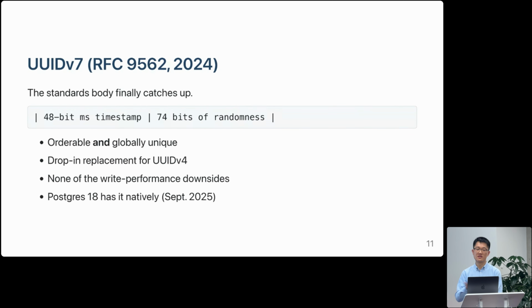So it was sortable, and it still had the properties of being globally unique. And it had none of the performance downsides of UUID v4. And as of last year, September, Postgres has a function built in, so you no longer have to write your own Postgres function or generate your UUIDs elsewhere.